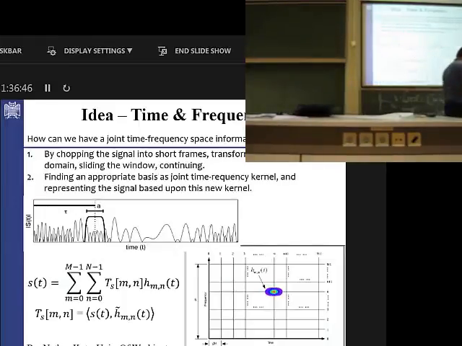So there are two ways that we can have this joint time-frequency information at the same time. One idea is, what if we chop down this stream of the signal which is coming in into short frames using a window like this.